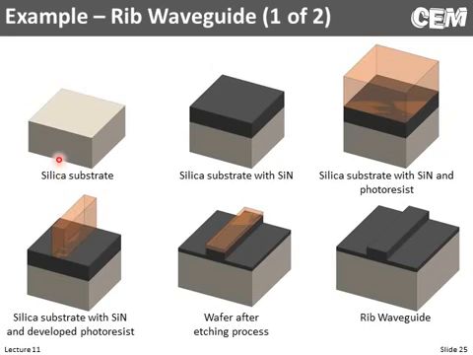Then we etch it, which bombards this with high-speed ions that etch away the material. But in the center, it's being protected by the photoresist. So we etch until our resist is maybe almost gone. So we've etched out here and etched over here, but we have not etched here because it was protected by the resist. Well, then we can dissolve away all of the resist, and we're left with what we call a rib waveguide.